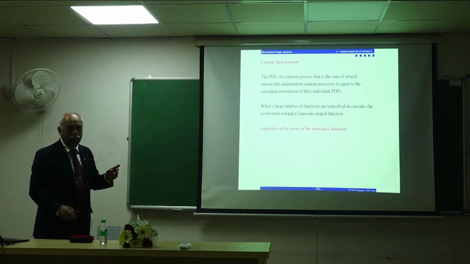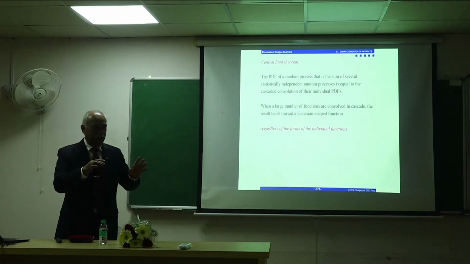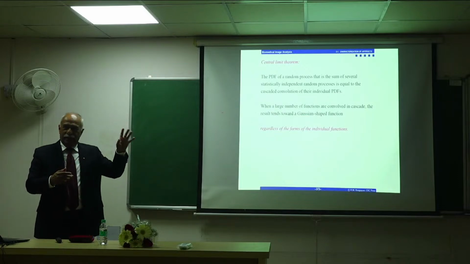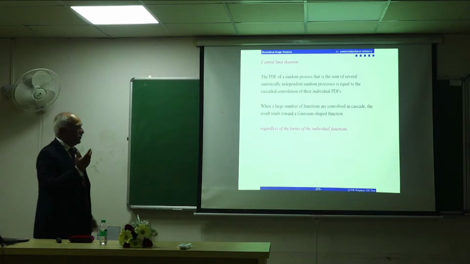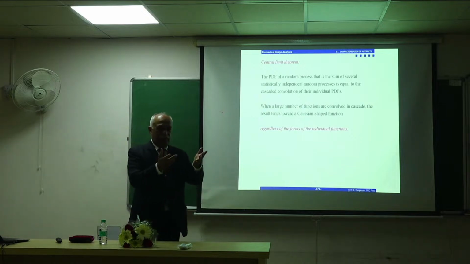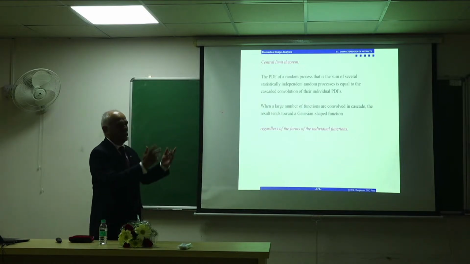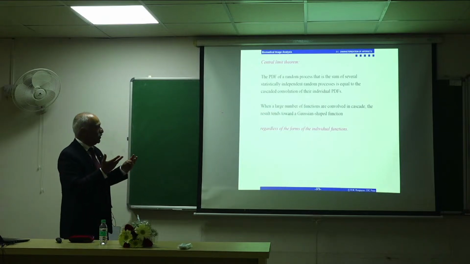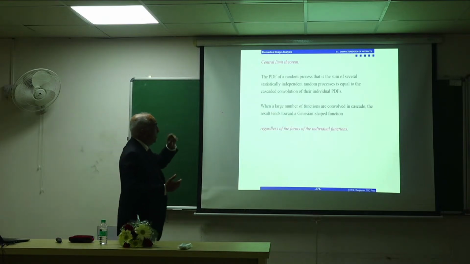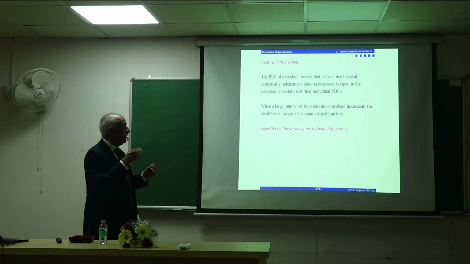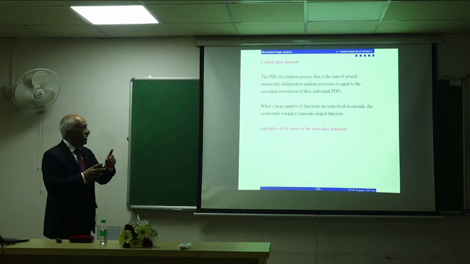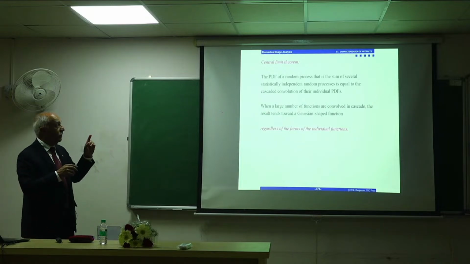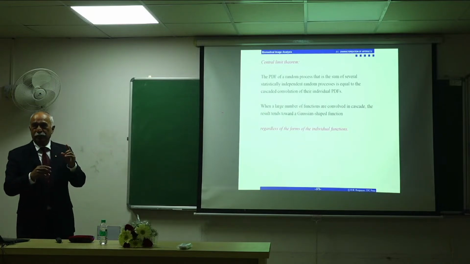There is a central limit theorem that is important related to the occurrence of Gaussian PDFs and the assumption of Gaussian PDFs. It is common to assume, when you don't have adequate information, well, we'll take it to be Gaussian. Why is it important? Because the PDF of a random process that is the sum of several statistically independent random processes is equal to the convolution of all their individual PDFs.